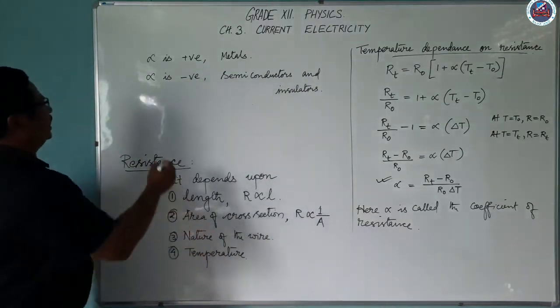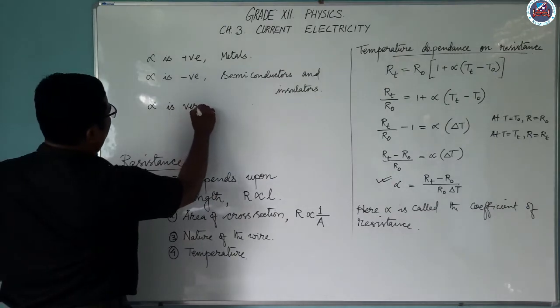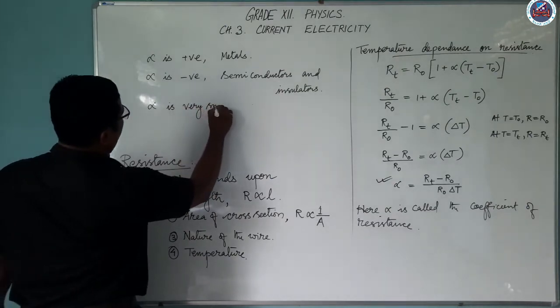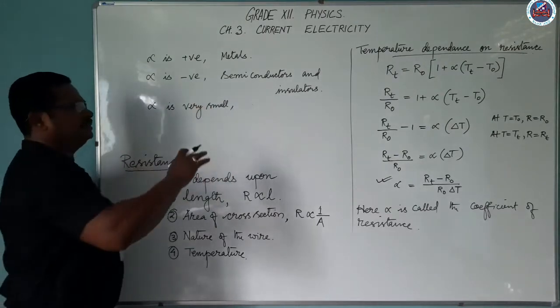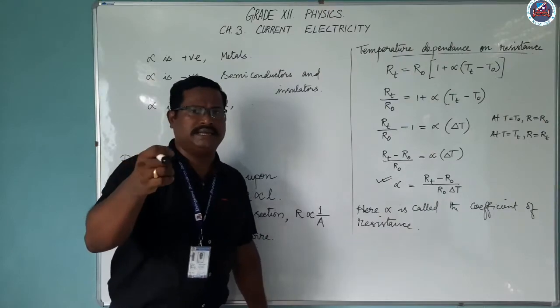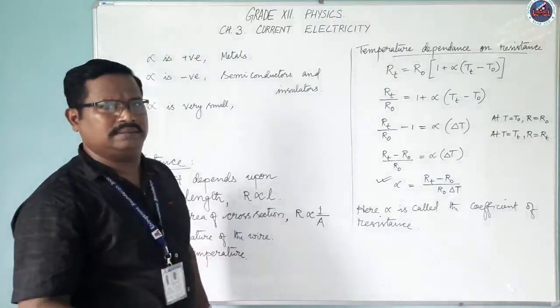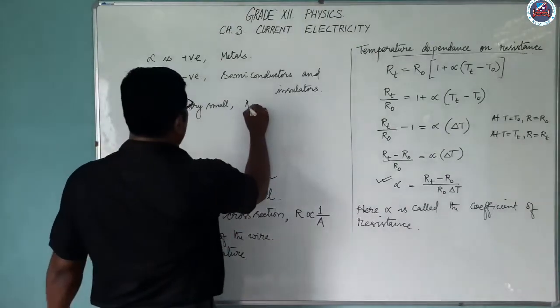Whereas in case of alloys, the value of alpha is very, very small, which means resistance depends very slightly on temperature in case of alloys.